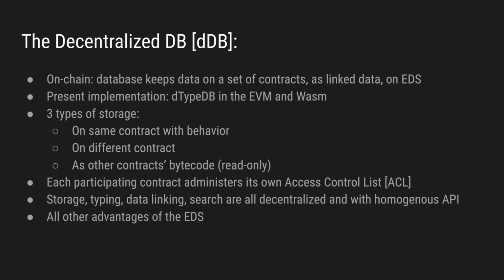And you have seen three types of storage: on the same contract as its behavior, on different contracts, and as other contracts' bytecode, which is read-only. Each contract participating in the Ethereum Data Service administers its own access control list. Storage, typing, data linking, and search are all decentralized and with homogeneous API. And this system has all the other advantages of the EDS.